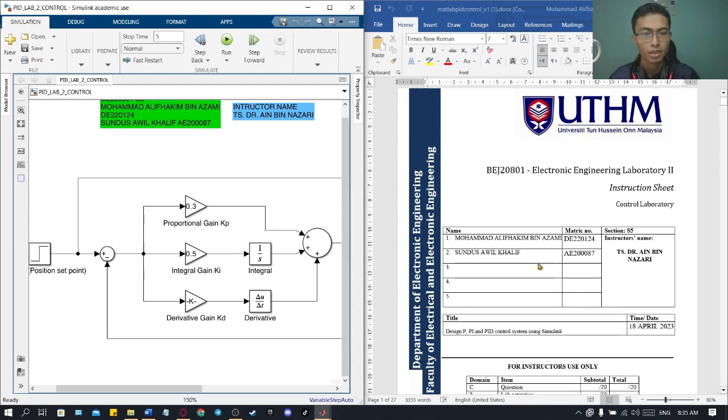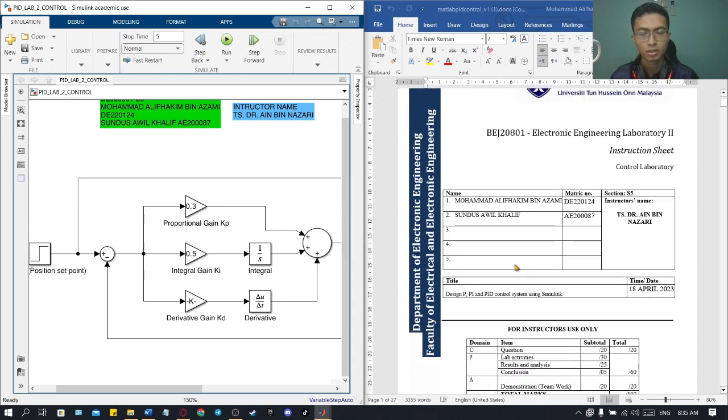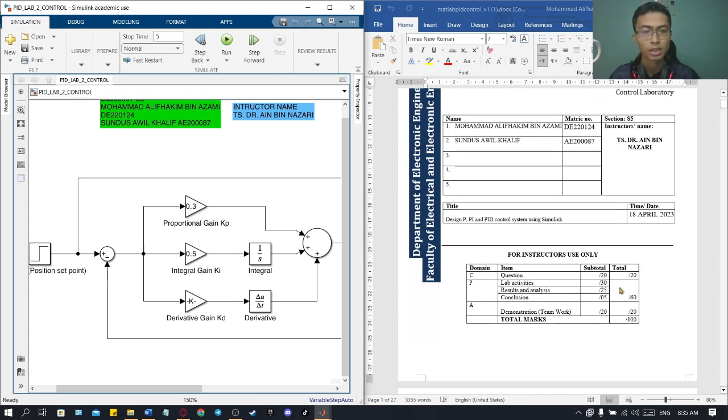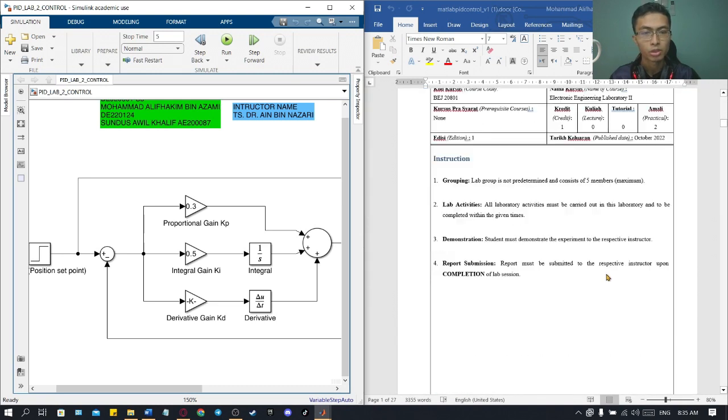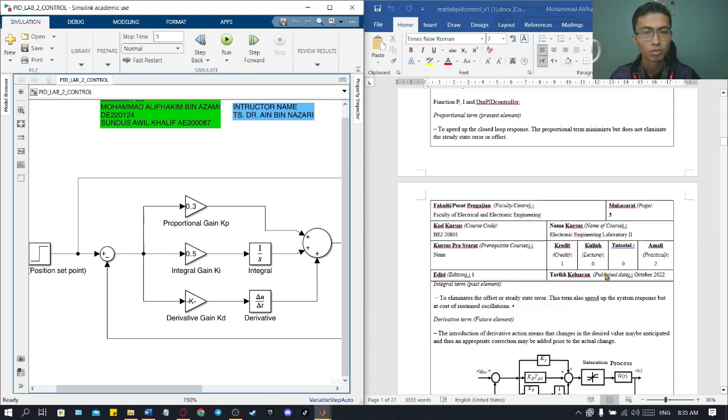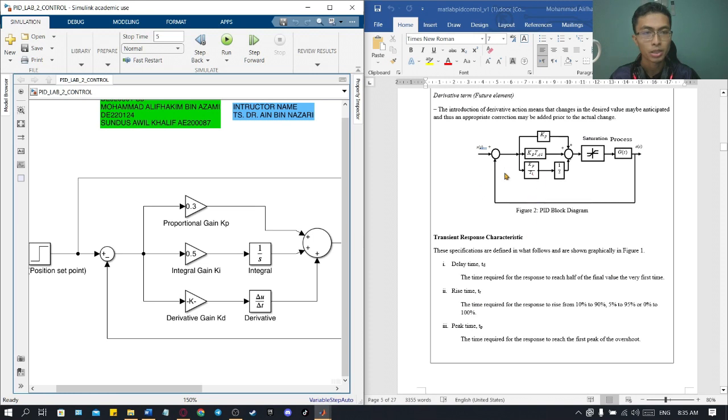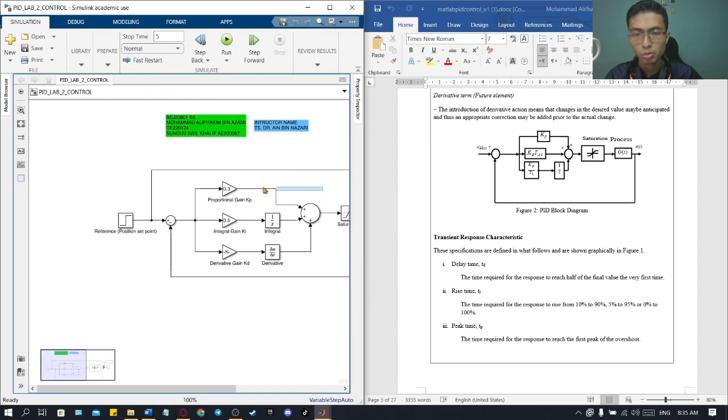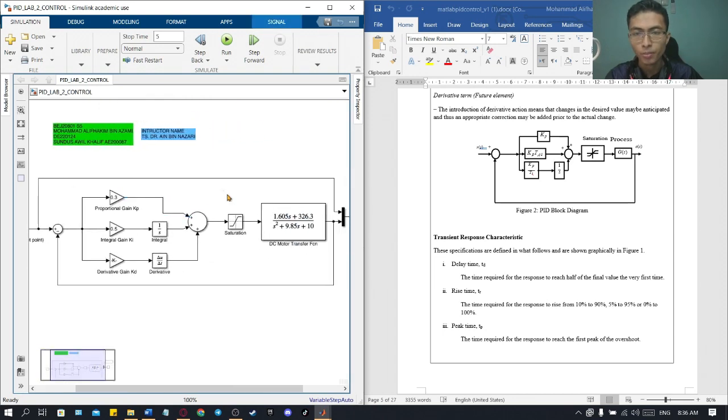Alright, this Lab 2 is about designing PI and PID control systems using Simulink. If we continue with the PID block diagram, we created it on Simulink, as you can see over here.